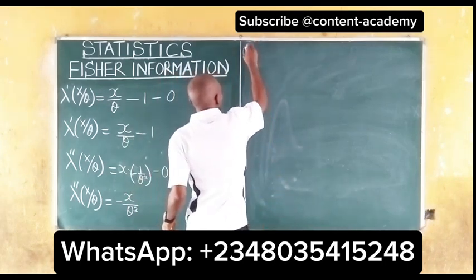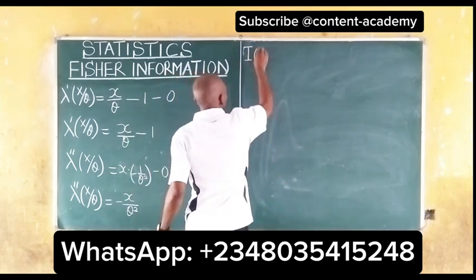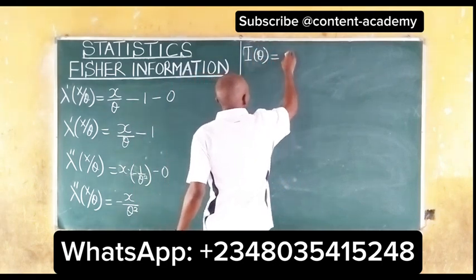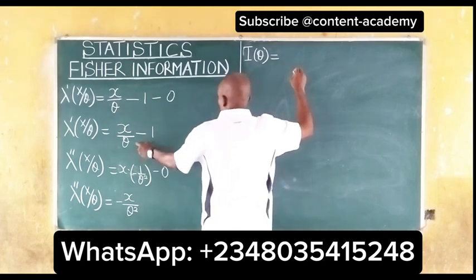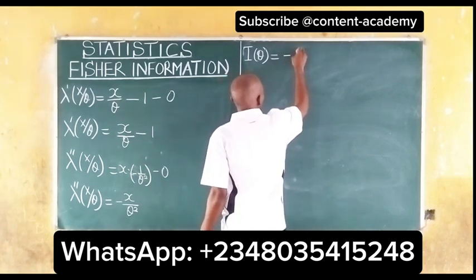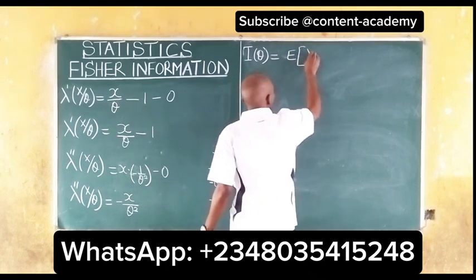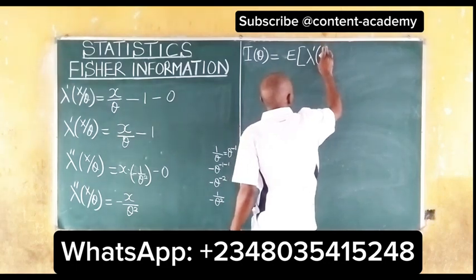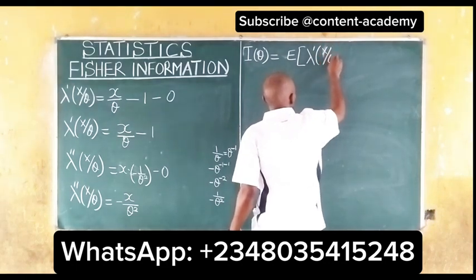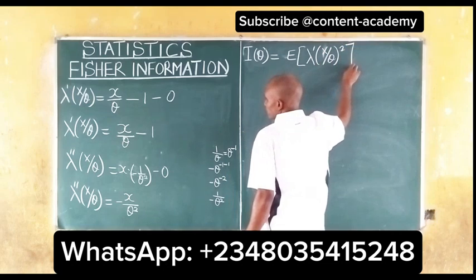So we can recall that from our Fisher information, for our first derivative, we have the expectation of x all over theta squared.